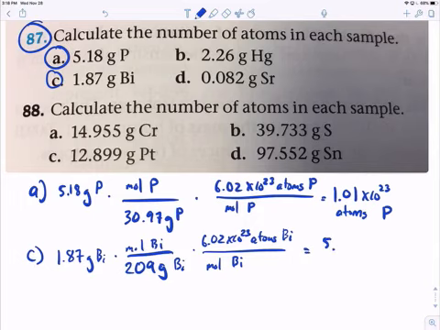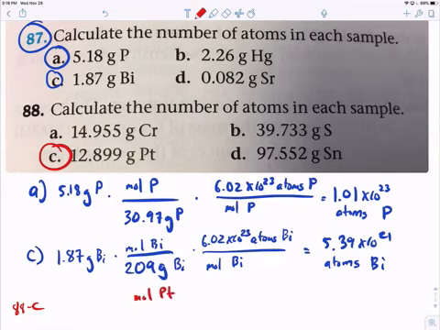This is 5.39 times 10 to the 21. So why don't you do platinum? Simple, look it up. It's 195 grams per mole.